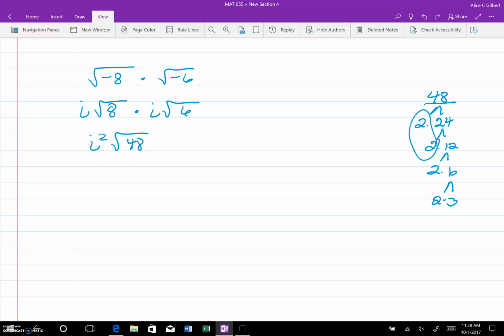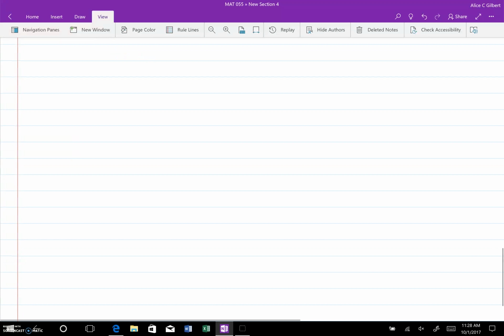So 2 times 2 is 4, so I get 4i squared times the square root of 3, but i squared equals negative 1. So 4 times negative 1 is negative 4, so my final answer here is negative 4 times the square root of 3.